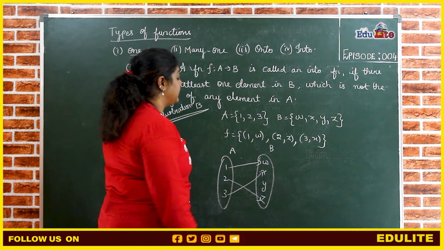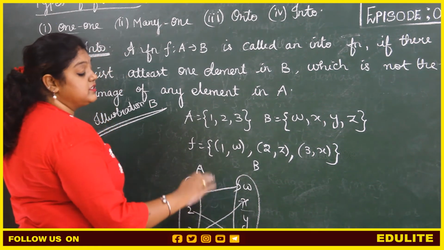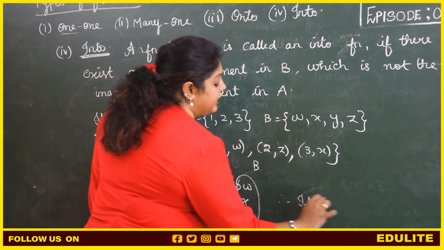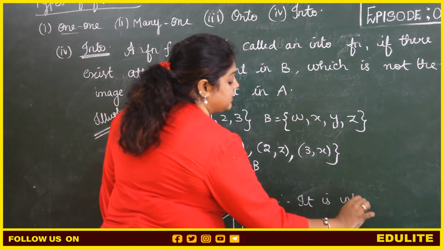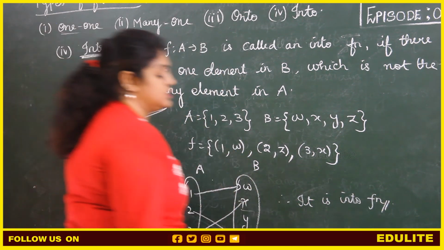Therefore, this is called an into function. There should be at least one element which is not the image of any element of A. Then this is called an into function. So these are all the 4 types of functions.